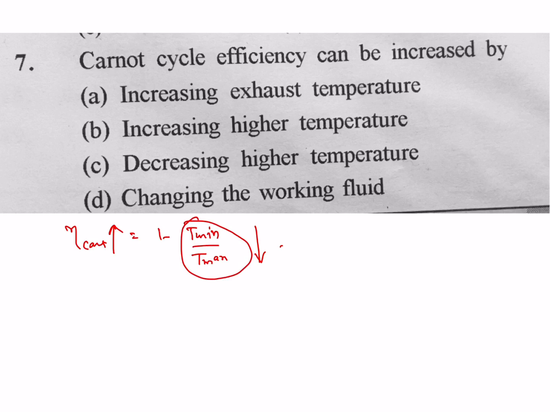This term you have to reduce means either T minimum should reduce or T maximum should increase. So from options we will check: increasing exhaust temperature, increasing higher temperature, T maximum if you increase, decreasing higher temperature, no, changing the working fluid, it's independent of working fluid, reversible cycle. So B is your correct answer.